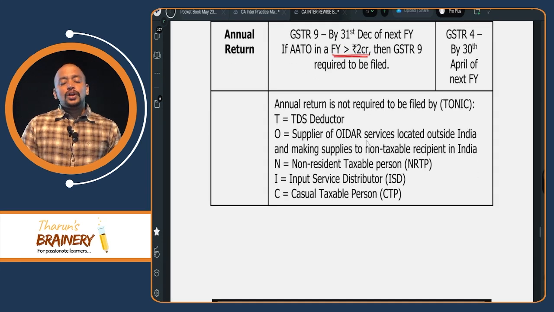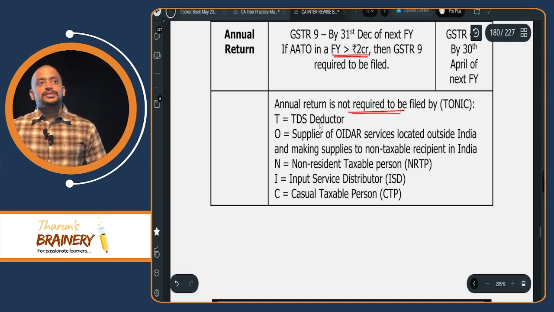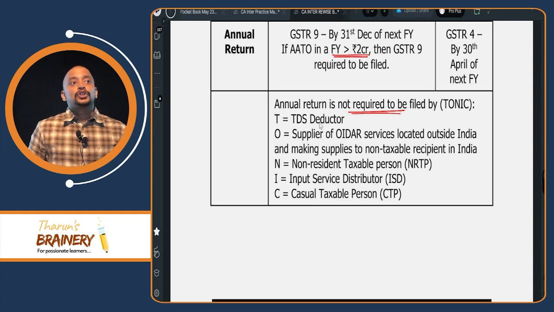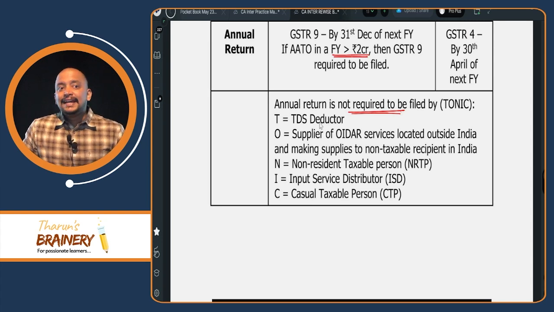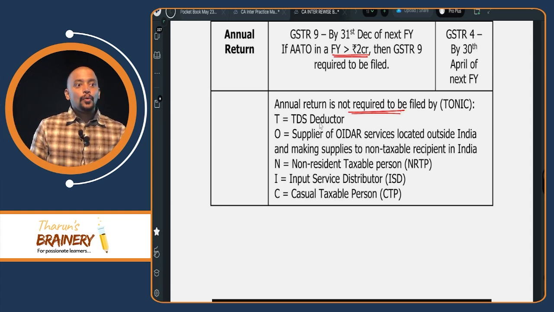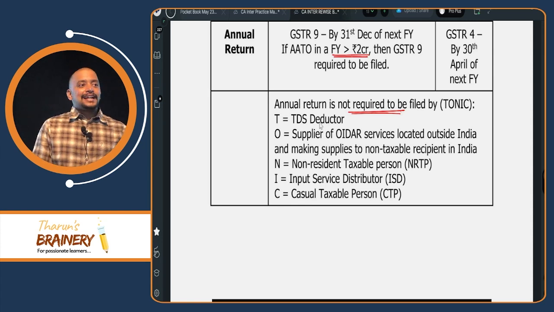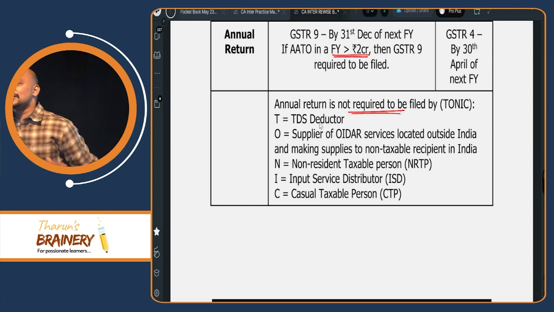Then, who are not required to file the annual return? You can easily remember, as this can be asked as a short note. Remember TONIC. T for TDS deductor, because TCS collector will also be filing the annual return. O, OIDAR supplier. N, NRTP, because their registration is not for a year also.